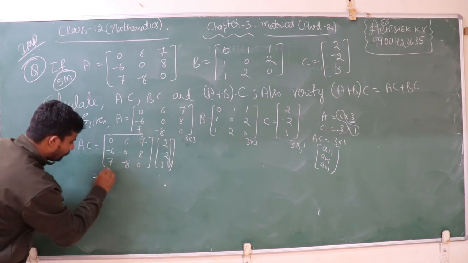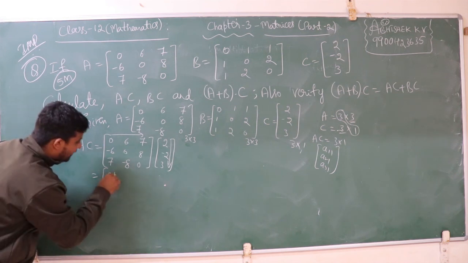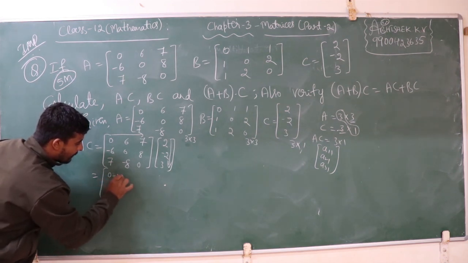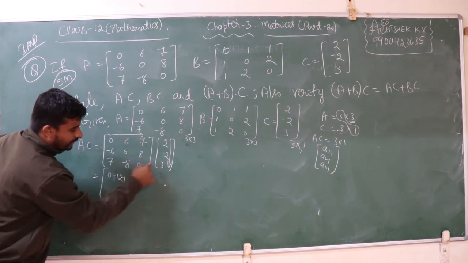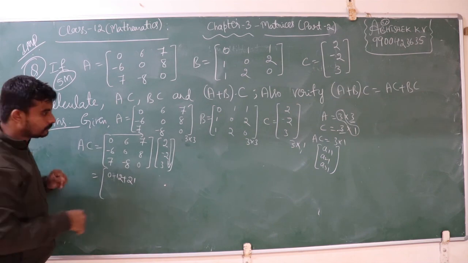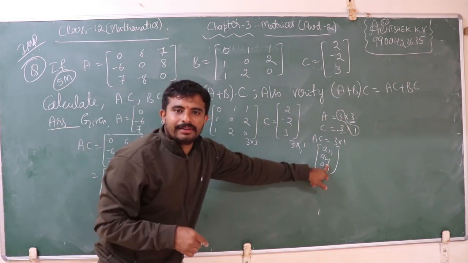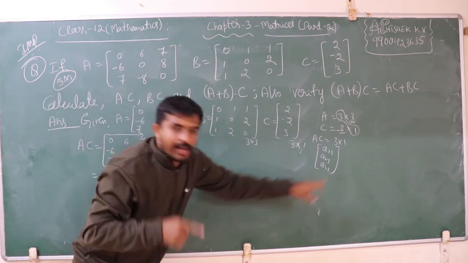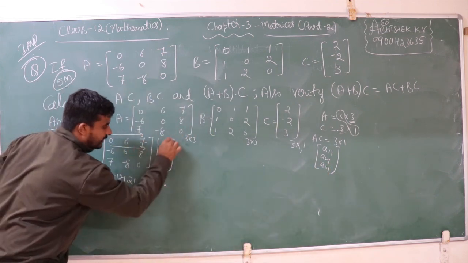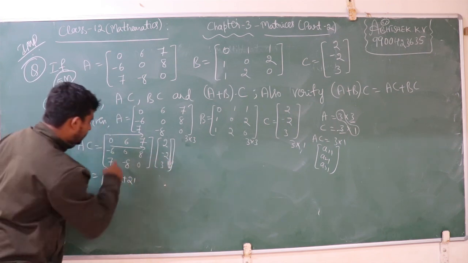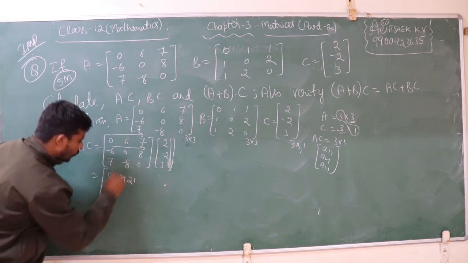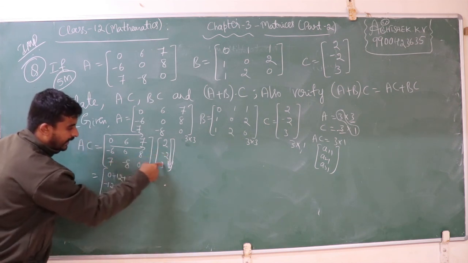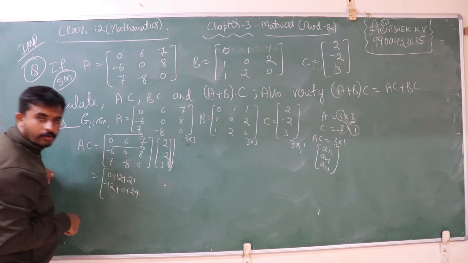0 into 2, 0. Plus 6 into minus 2, minus 12. Plus 7 into 3, 21. Then to get A21, we consider the second row of matrix A and the first column of matrix C. Minus 6 into 2, minus 12, plus 0 into minus 2, 0, plus 8 into 3, plus 24.